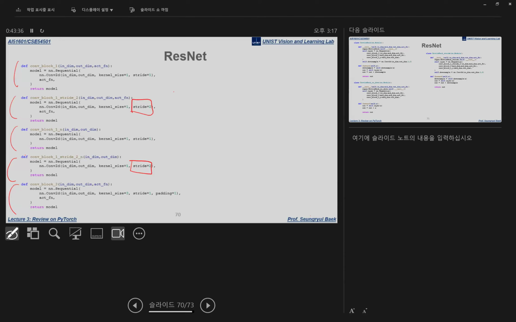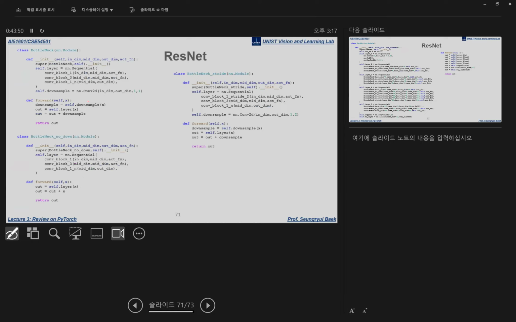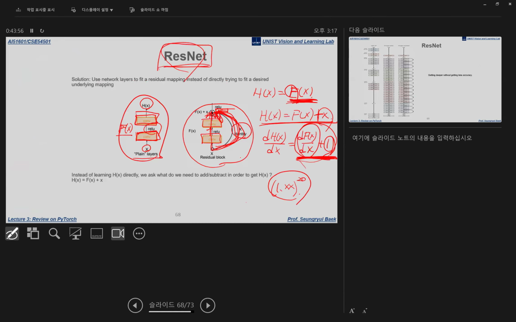This is a different block, and they are implementing that with different hyperparameters. And also they are implementing the bottleneck layers. The layer that I mentioned here is actually called a bottleneck layer because they add the residual connection.